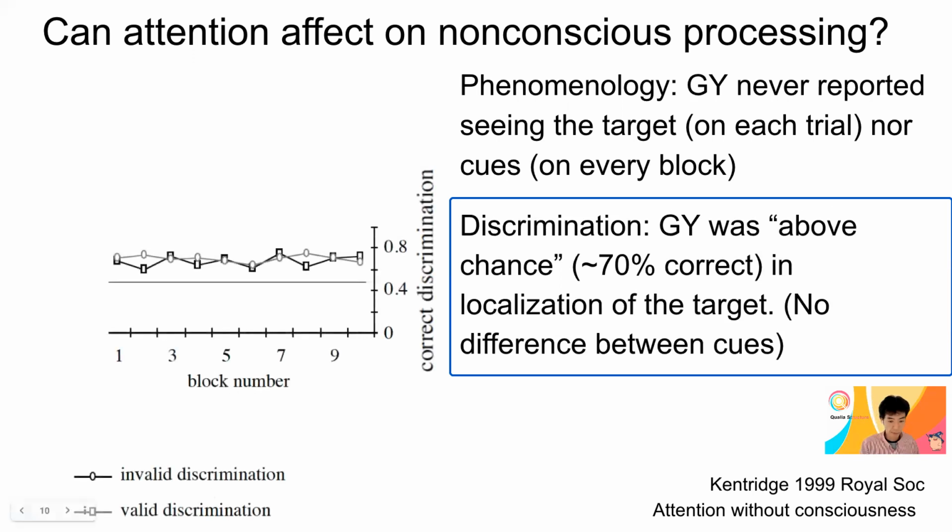And this is the performance figure. As a function of the blocks, from left to right, he was tested for 10 blocks. When the cue was located in the valid location, he was around 70% correct, saying, oh, that's probably the location of the stimulus, but he denies seeing it. And when the cue was presented in an invalid location, the opposite side of the stimulus, he's still able to point at it, but he still denied seeing it.